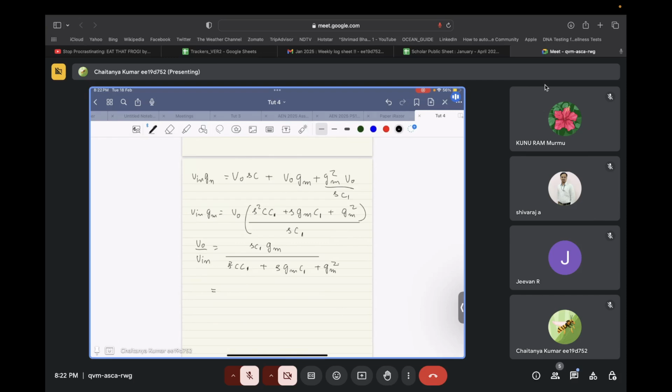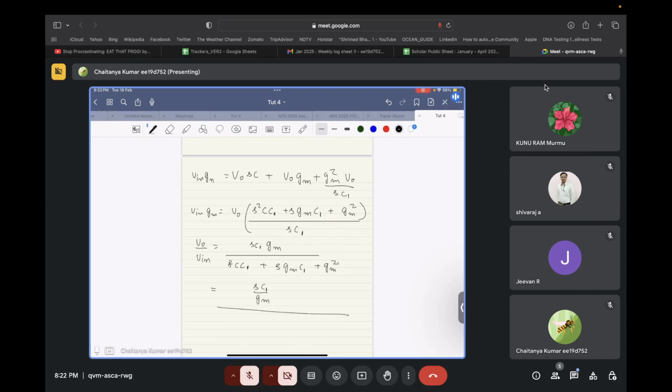So what we will have over here is SC1 by GM divided by S square C times C1 by GM squared plus SC1 by GM plus 1.